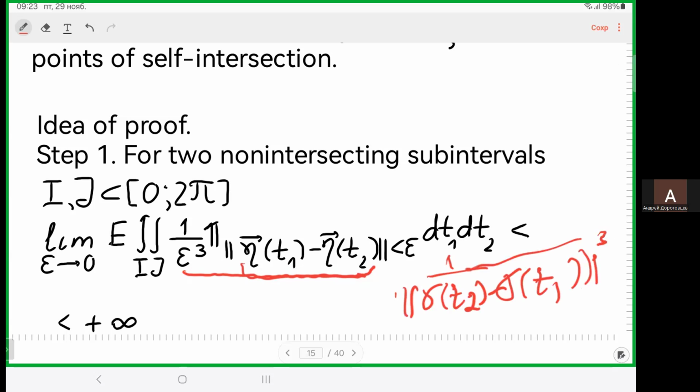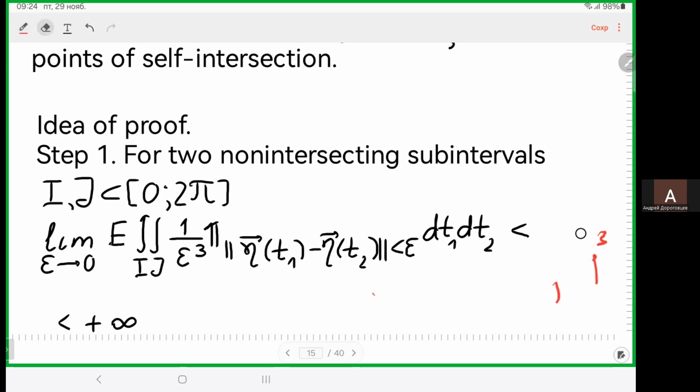But let me recall to you that I and J are non-intersecting. So gamma t2 minus gamma t1 is separated from 0, and due to this, the limit of these integrals is finite. So we have such a simple conclusion, but this simple conclusion gives us the possibility to prove the statement.